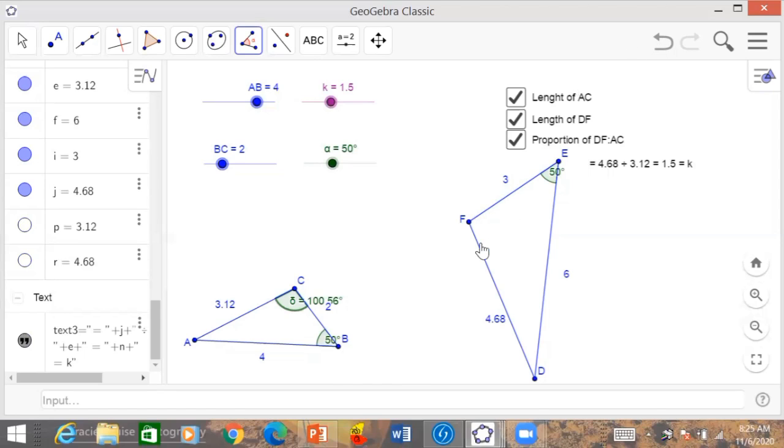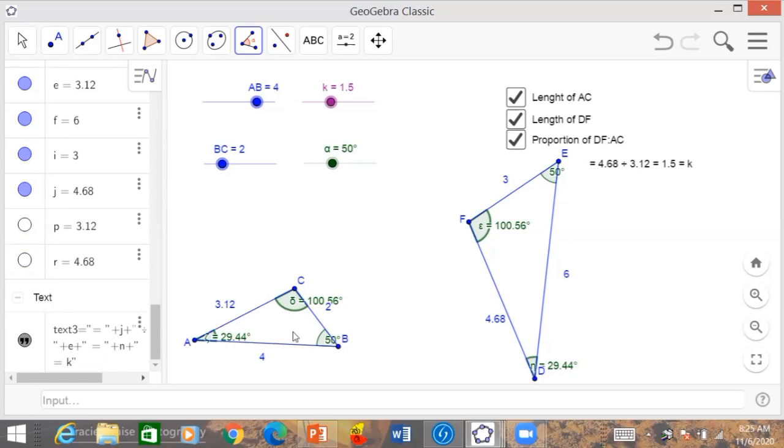Now see the measurement of angle C, that is 100.56. Now angle F also 100.56. Angle A is 29.44. Here angle D is 29.44. So all the corresponding angles are equal and all the corresponding sides are in proportion. So the two triangles are similar.